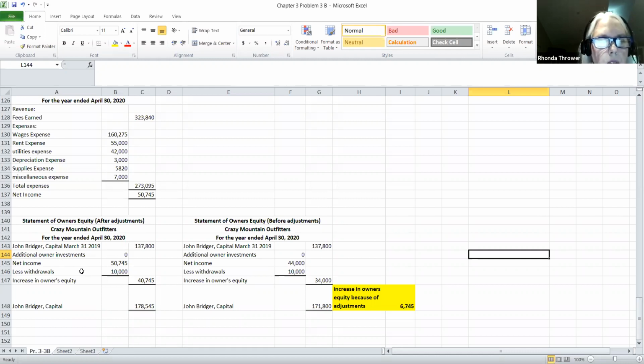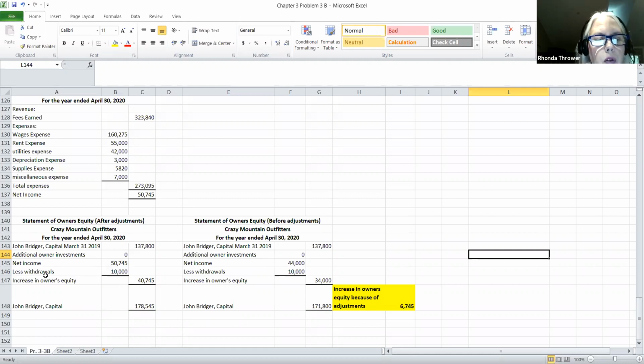Remember, the things that affected owner's equity are revenues and expenses. We've combined our revenues and expenses to get net income, and net income will add to our beginning owner's equity. So net income is going to be added to this beginning owner's equity to determine the ending owner's equity.